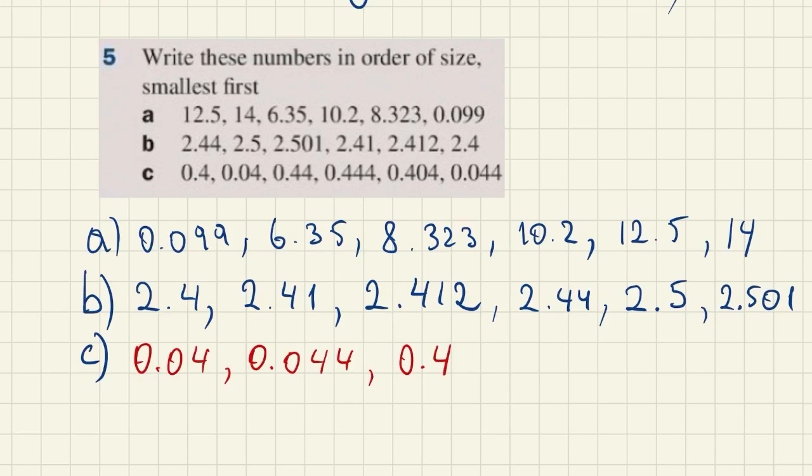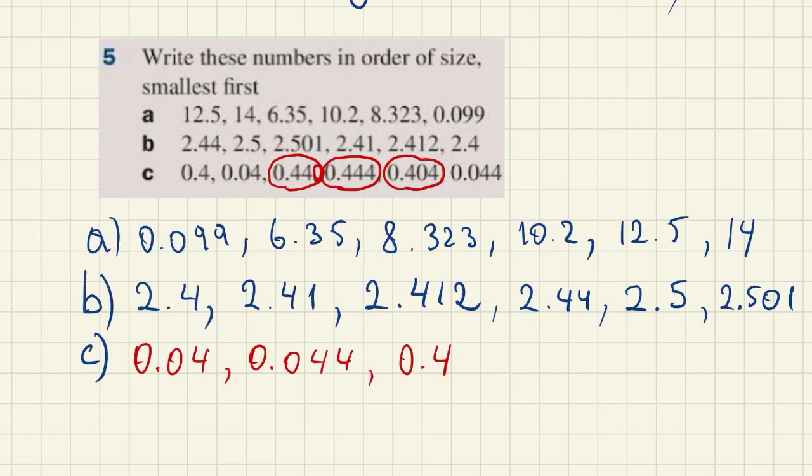Okay, so the remaining numbers are 0.44, 0.444, and 0.404. They almost look the same, except that something is missing here. Well, we can help that. We can add a 0 in the end.